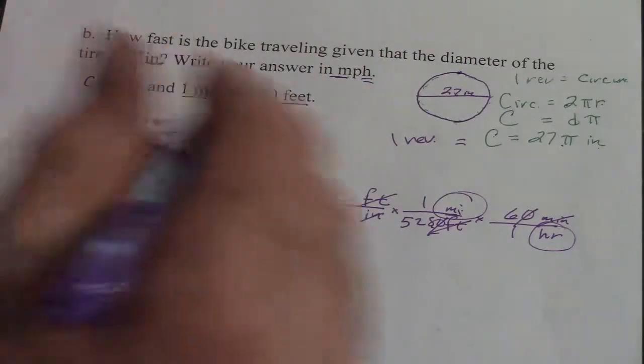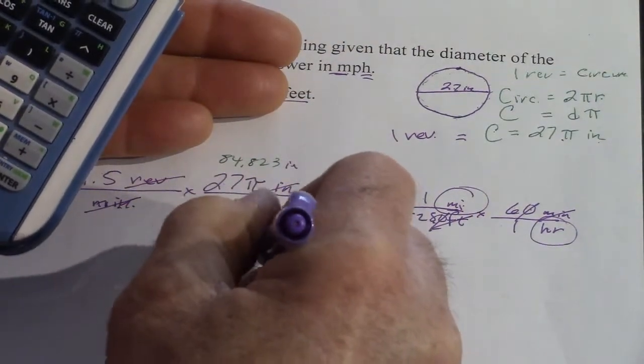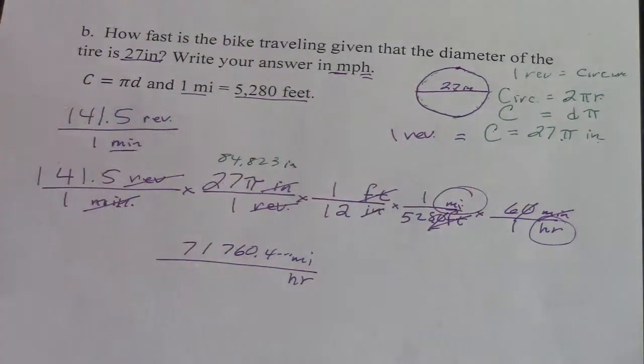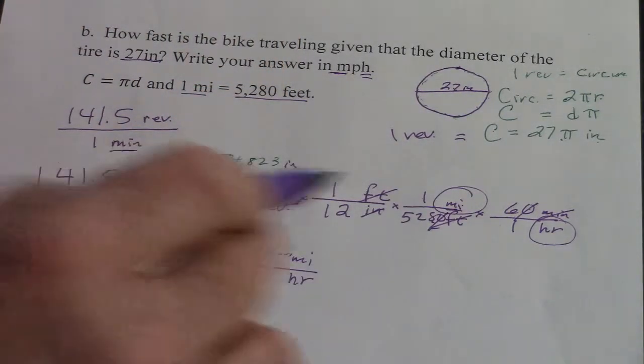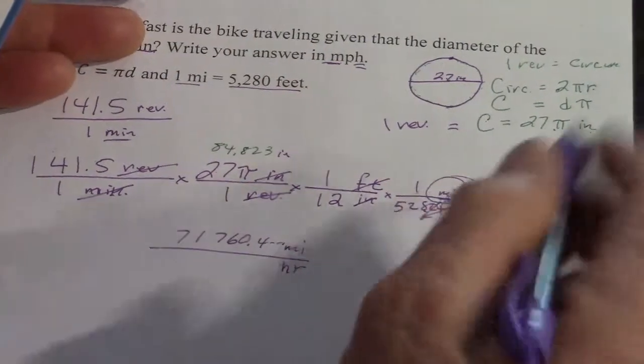So that is going to give me 71,760.4. I'm just going to do dot, dot, dot there. And in the denominator, I'm going to get 12 times 528. So I reduced out those zeros.